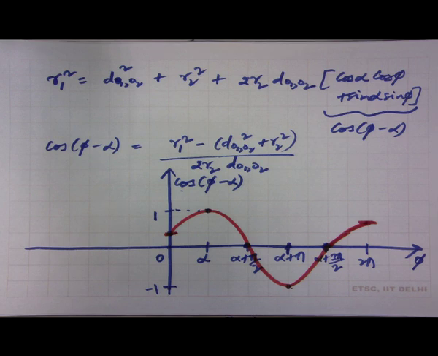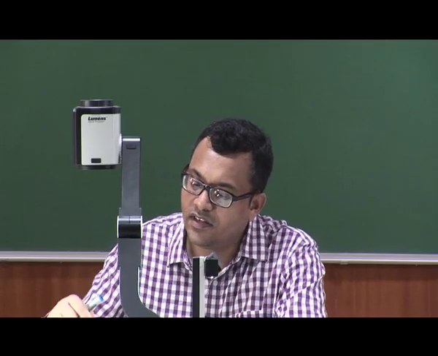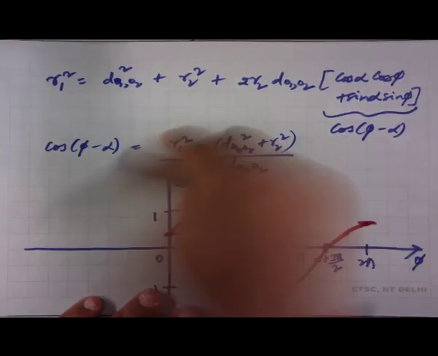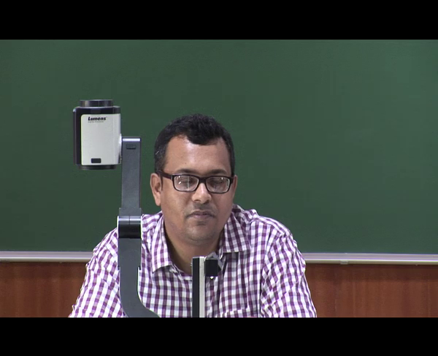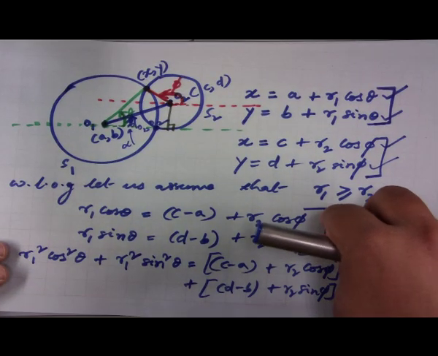Now it is clear that if this right hand side has a modulus greater than 1, then clearly there exists no solution to this trigonometric equation.